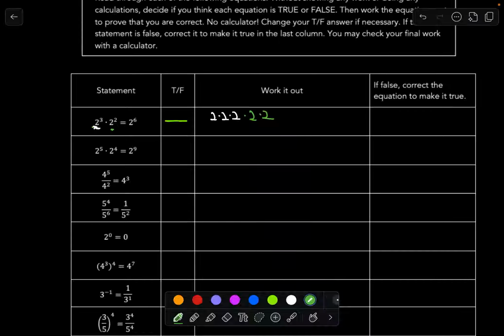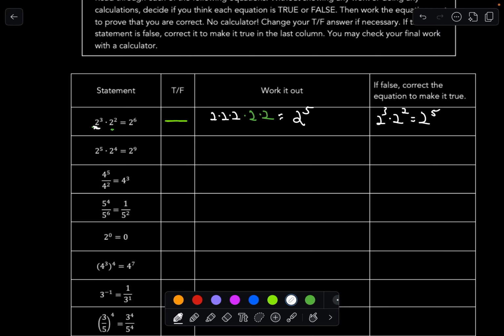Okay, and if we count this up, we have 1, 2, 3, 4, 5 2's multiplied together. So this equals 2 to the fifth. All right, not 6. So it's false, actually. And the correct statement is that 2 to the third times 2 squared equals 2 to the fifth power.